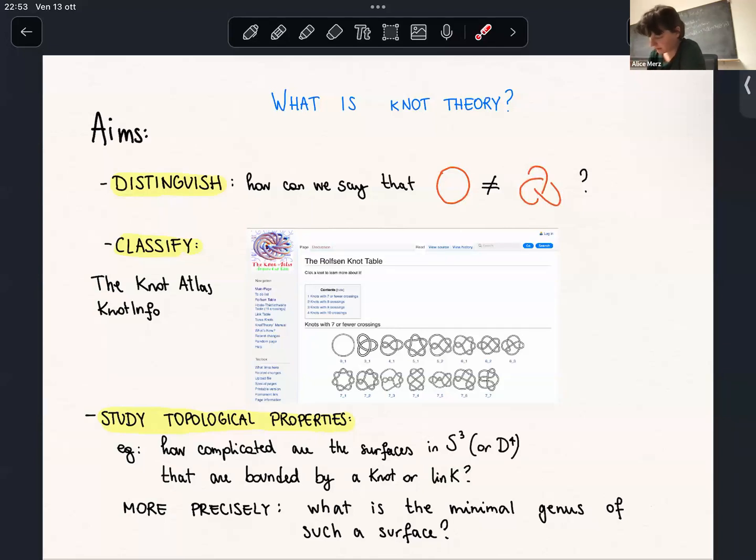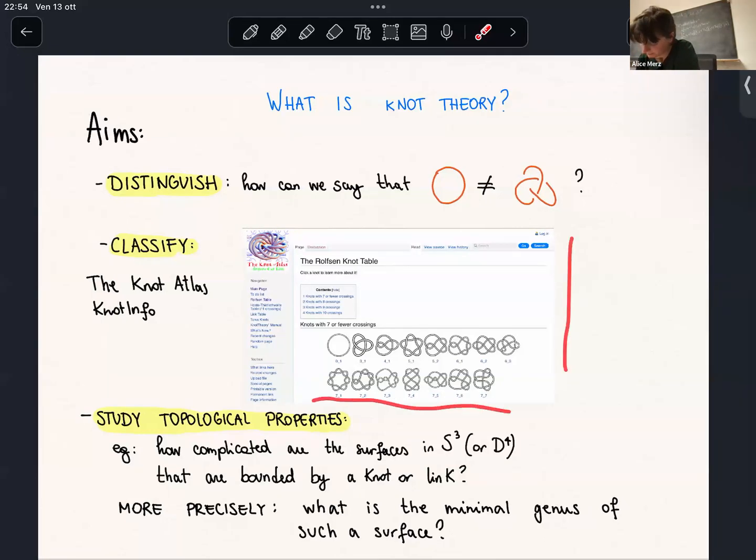We will see later on in the talk. Then another main goal of knot theory is to classify knots. For example, there are 2 websites, the Knot Atlas and Knot Info, that record all the information we have on knots with low number of crossings, like I reported here, the homepage of the Knot Atlas.